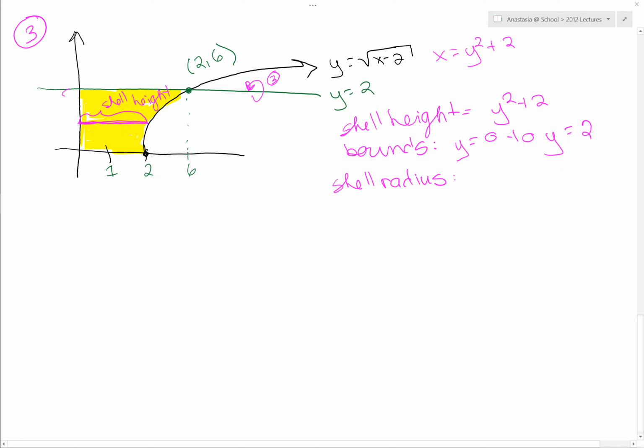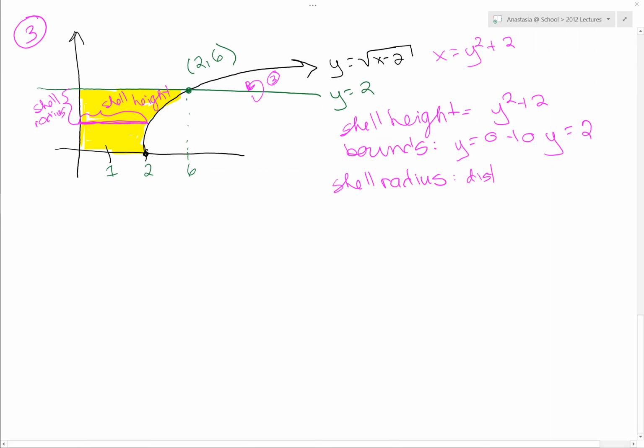For the shell radius, we need the distance from our indicative shell, our little line segment, to our axis of revolution. Since our axis of revolution is above the region that's being rotated, we need the distance from this line above our little line segment. So in words, the shell radius is still the same.